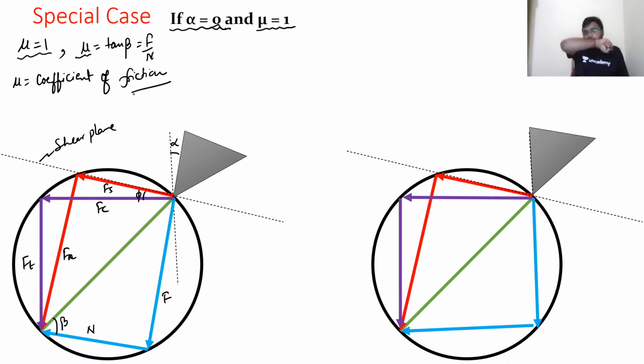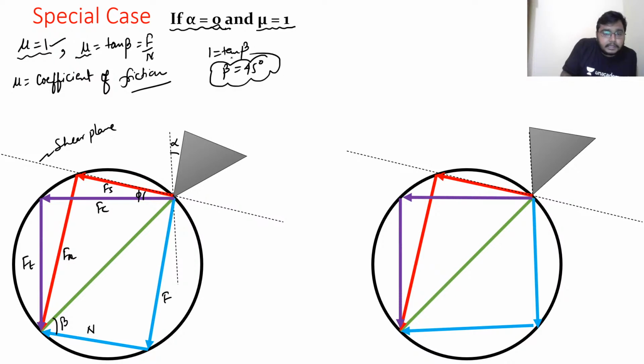Now see, the mu is equal to tan beta, that means F by N. So mu is given as 1, so 1 is equal to tan beta, so beta is actually getting as 45 degree. Clear?